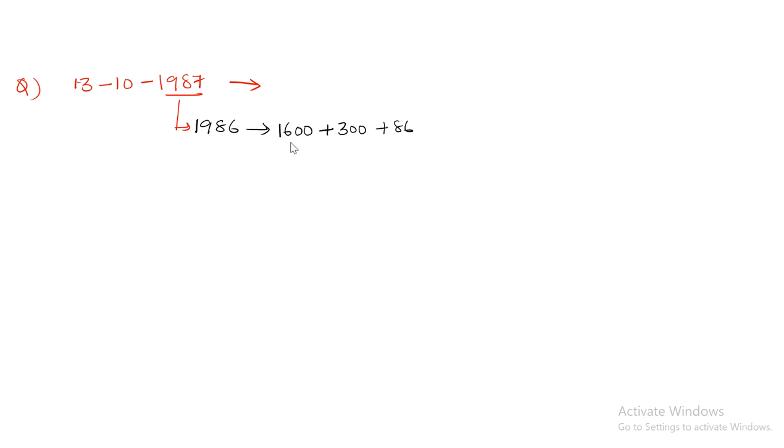I can write it like this. So 1600 will have how many odd days? 0 odd days. And 300 will have 1 odd day. And 86 we can calculate here. So we will take 86. 4 twenty-ones are 84, so it will have 2 odd days.